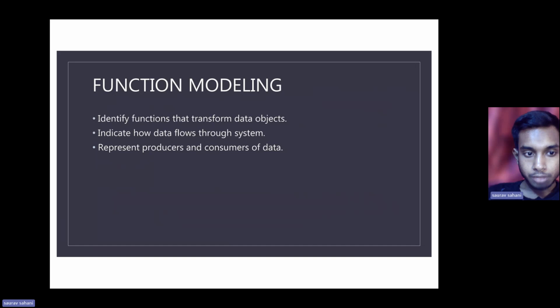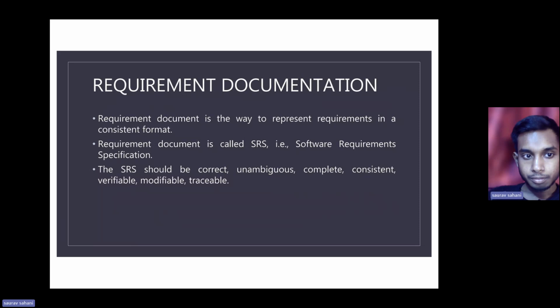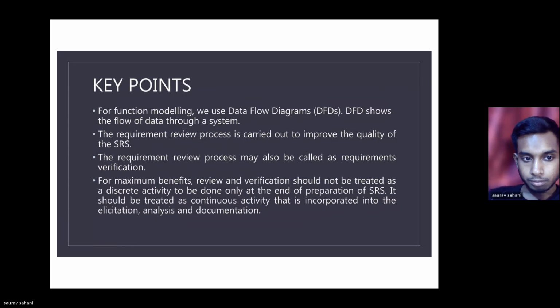Function modeling: identify functions that transform data objects, indicate how data flows through the system, and represent producers and consumers of data. For key points for further modeling, we use a data flow diagram. DFD shows the flow of data through the system.